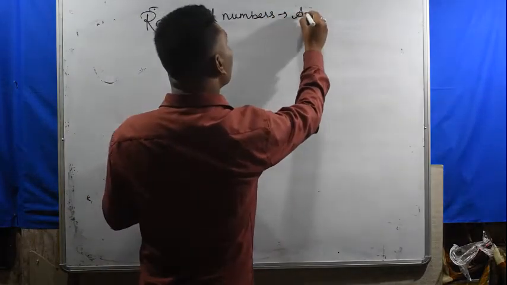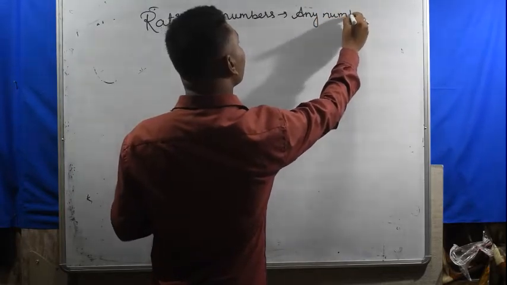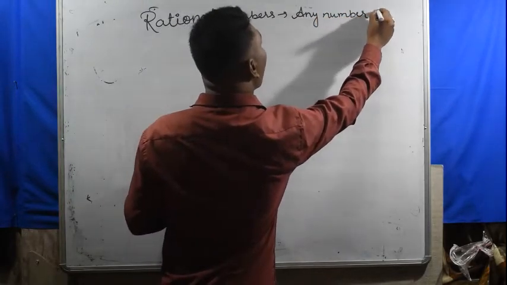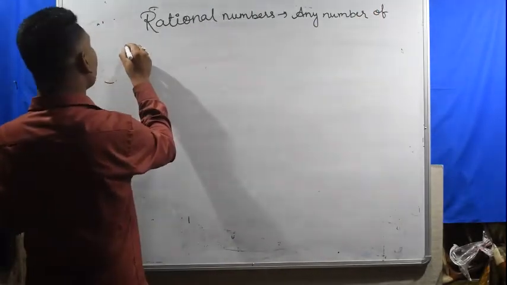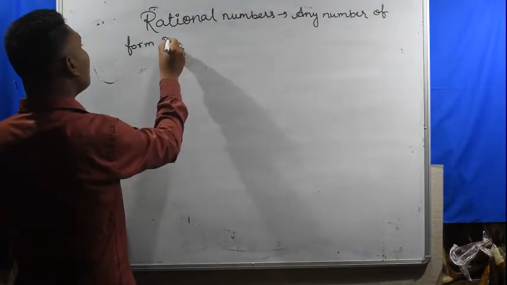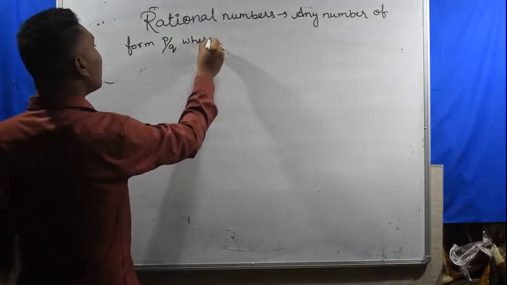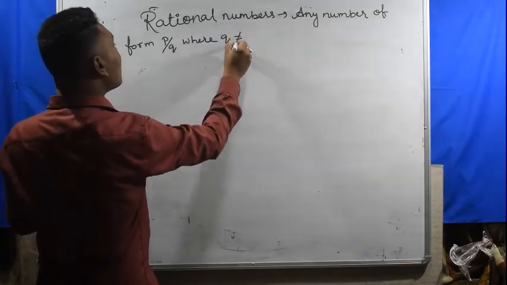Definition: any number of the form P by Q where Q not equal to 0.